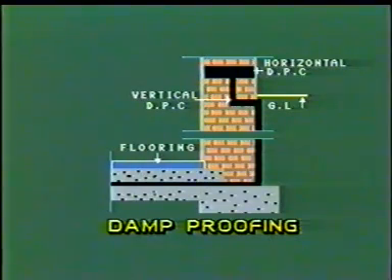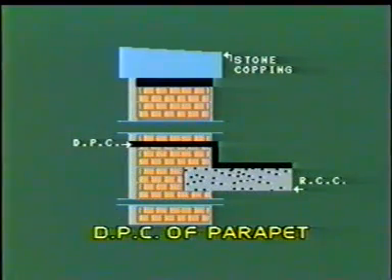Basements are provided with vertical DPC in the enclosing walls and horizontal DPC in the flooring of the basement. In order to prevent water leakage, DPC is provided in the roof and junctions for roof drainage.